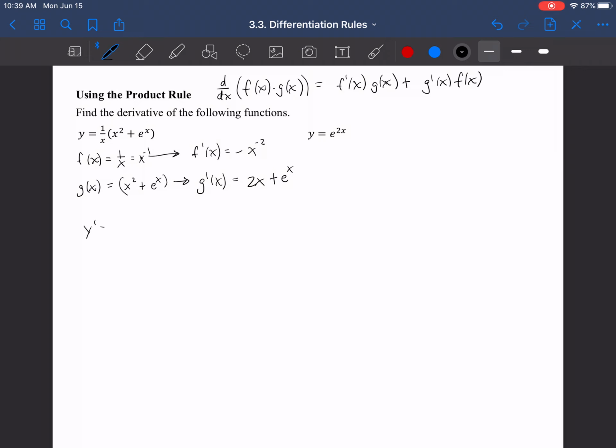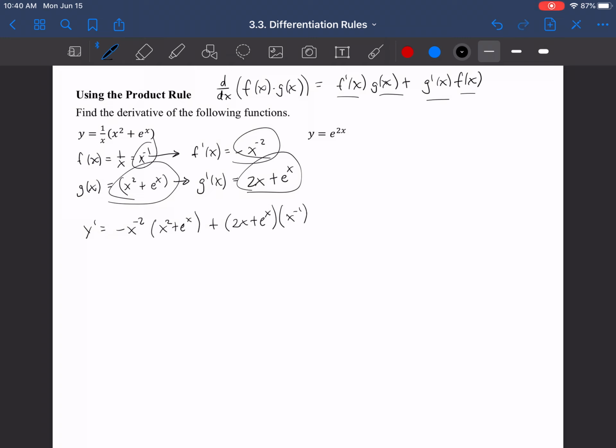So y prime is going to equal the derivative of the first, f prime of x, that's negative x to the negative 2, times g of x, so times x squared plus e to the x, and then plus the derivative of g, that's 2x plus e to the x, times f of x, which I'll put as x to the negative 1, just like that.